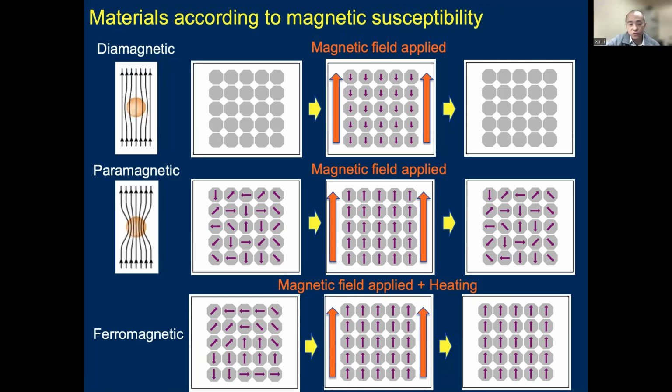And if you take them out of the magnetic field, they may also have some kind of memory, with the magnetic moments still aligned. And that's actually how we make permanent magnets.